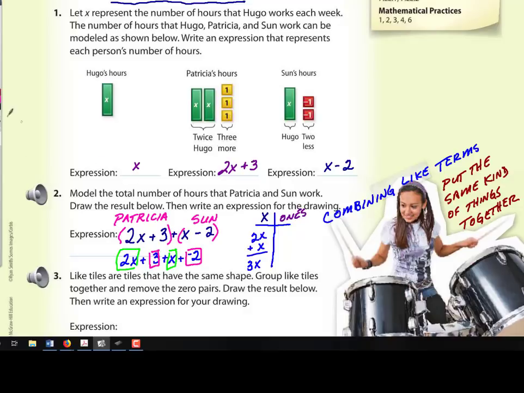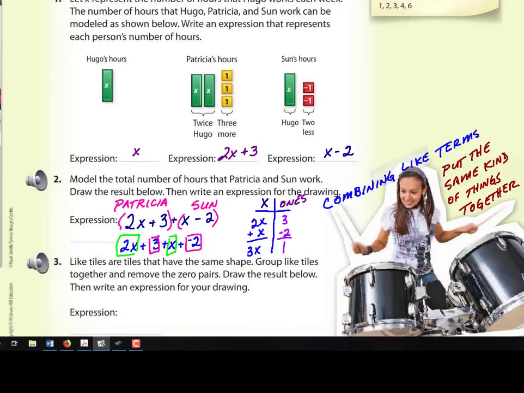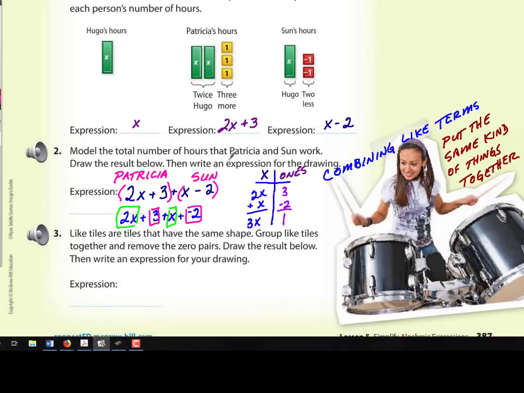For the ones, and this is where the advantage is of making everything into addition, we have 3 ones, and then we can see we have 2 negative ones. So if you have 3 positives and 2 negatives, that simplifies to 1. And when we put everything together, we have the 3 x's and the 1.